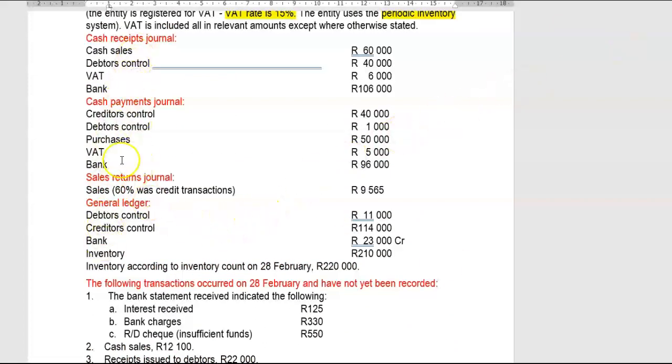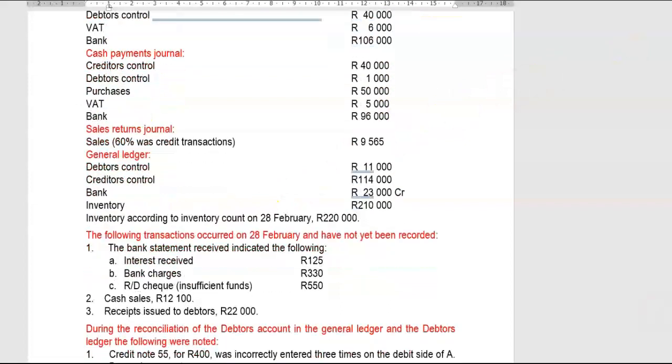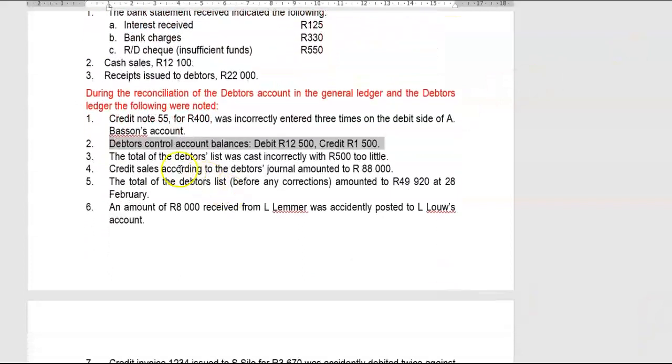Oh, they don't give you here the debtors journal, so that is where we're going to get the information that was posted from the debtors journal: credit sales. That comes from the debtors journal and amounted to 88,000 Rand. Then the total of the debtors list before any corrections amounted to 49,920 at 28 February, before any of these things.